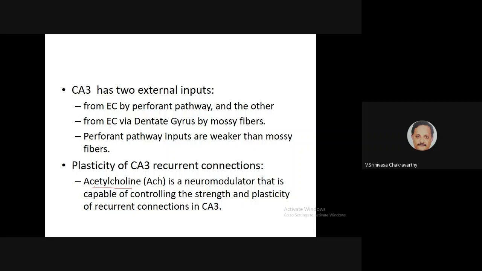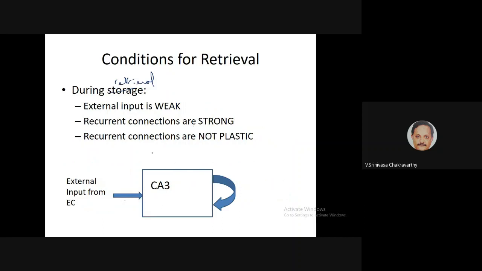So CA3 has two inputs, one from EC by perforant pathway directly from EC, other from dentate gyrus by mossy fibers. And perforant pathway fibers are weaker than mossy fibers. That is one thing. Then the plasticity, that is CA3 connection, the synapses are plastic, they are modifiable. And this plasticity that we want must be quickly modifiable, right?